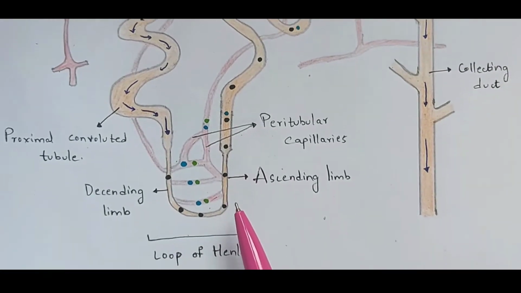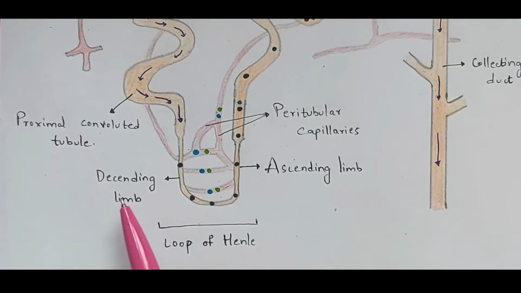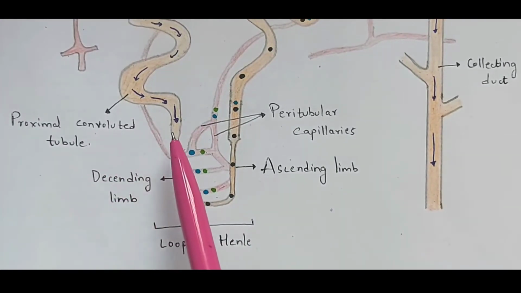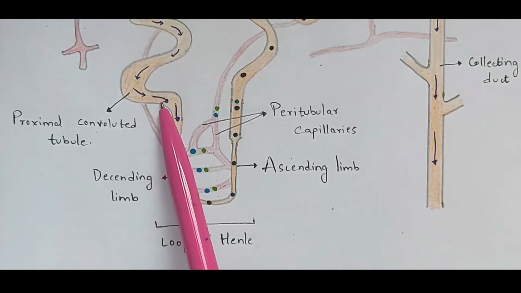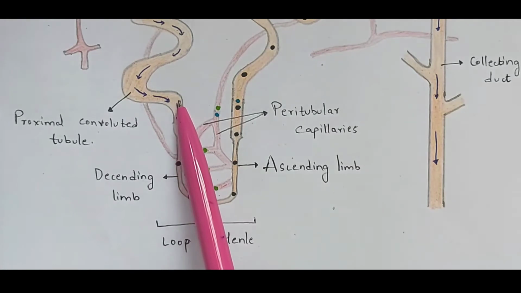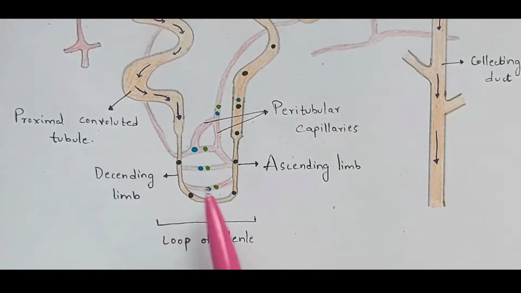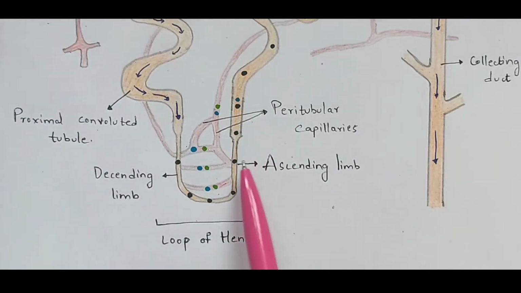Basically this loop of Henle is divided into two regions, the descending limb and the ascending limb. It is called the descending limb because the molecules from the proximal convoluted tubule move from the upper region to the lower region. Whereas here they move in the upward direction, hence it is called the ascending limb.